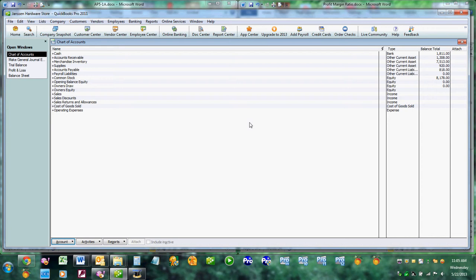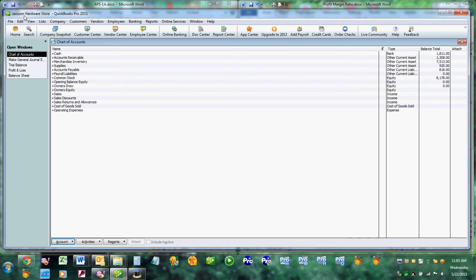This will be a QuickBooks representation of problem AP5-1A from Wiley Plus. First of all, I've created a Jansen Hardware Store and set up the accounts.